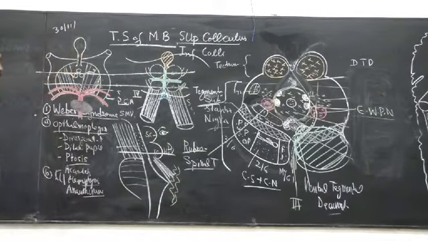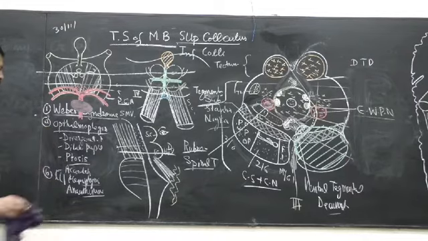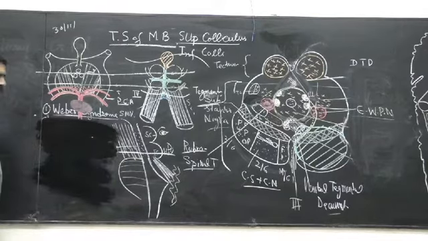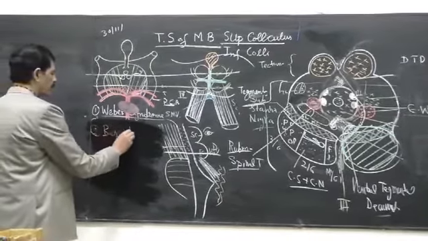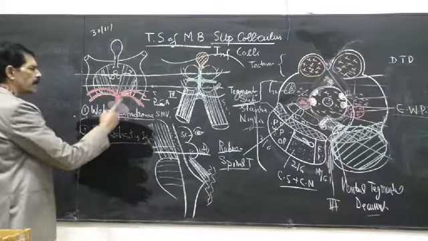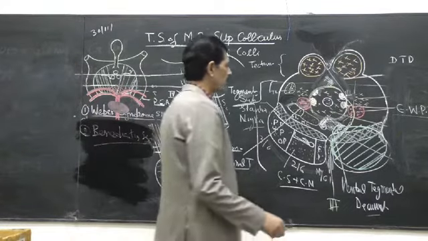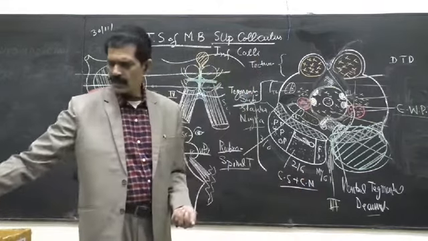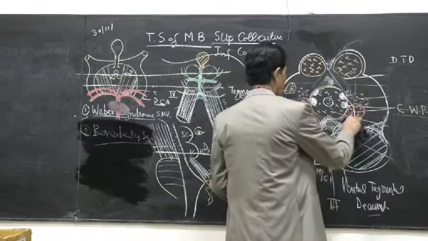Then another related syndrome is called the Benedict's syndrome. Benedict's syndrome is almost similar to this Weber syndrome, but here one more thing is involved, the red nucleus.